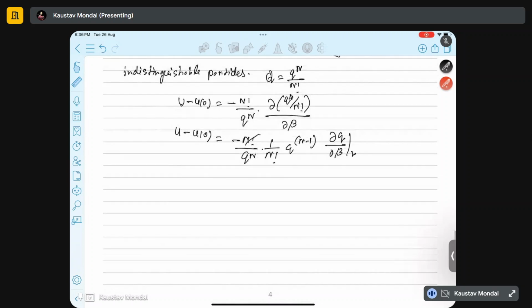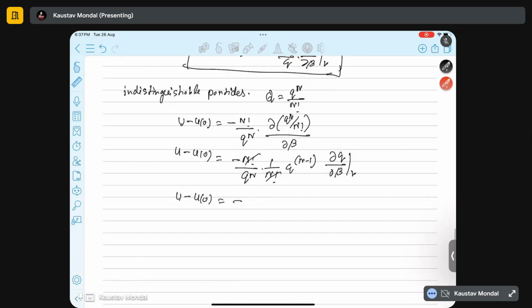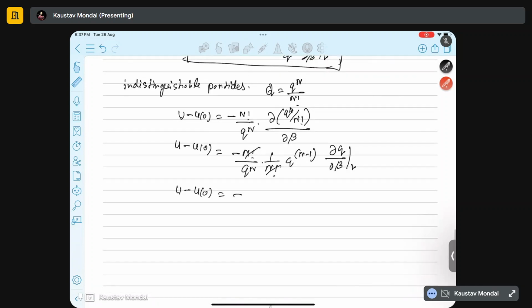Now here N factorial will cancel each other, so u minus u0 you will get as minus, there is an N term also, so minus N by q, 1 by q would be there, del q by del beta.